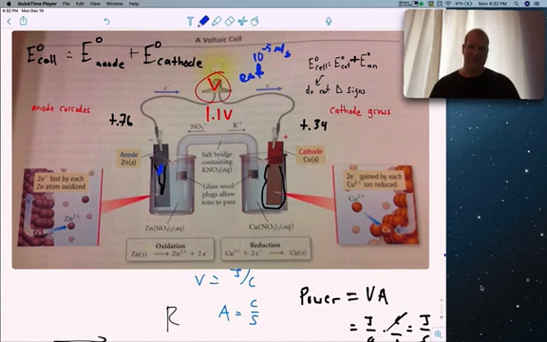I soak a T-shirt in potassium nitrate and I stick it in there, and I've got this huge salt bridge. I connect them and I have the two wires together.